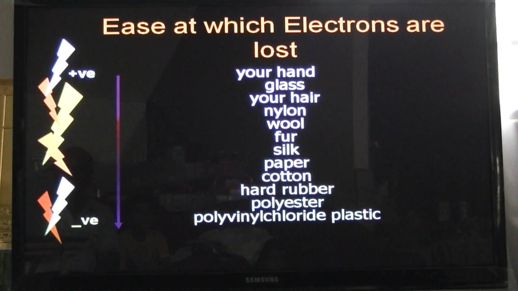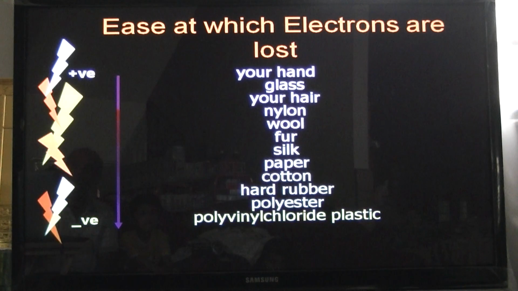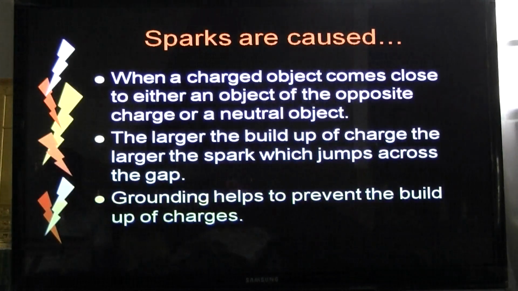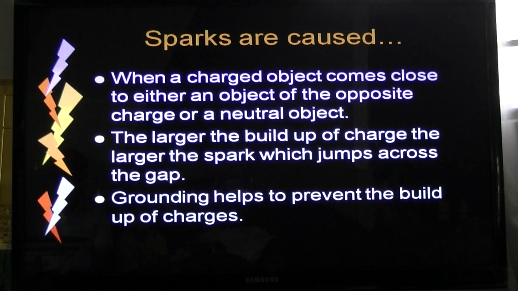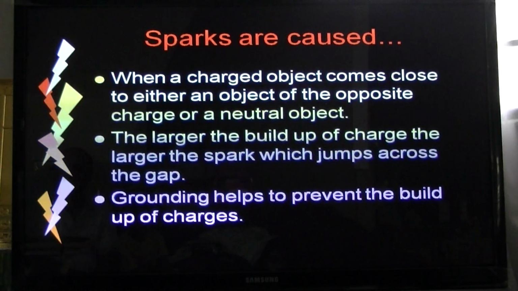The ease at which electrons are lost: see, the top part is positives and the bottom is negatives. So we showed the chart before. From your hand, which is stronger and positive, go down all the way to plastics, which are more negative. Sparks are created when a charged object comes close to either an object of the opposite charge or a neutral charge.